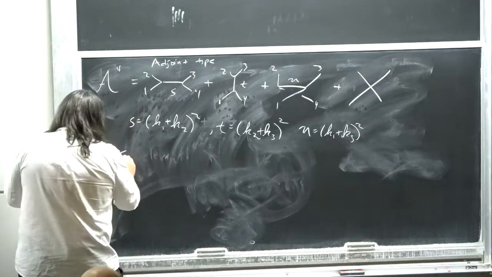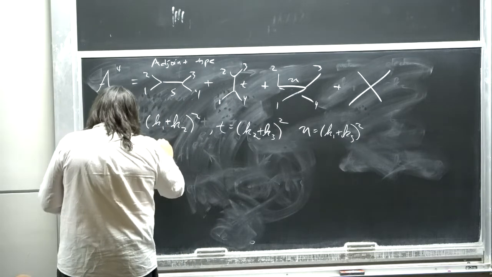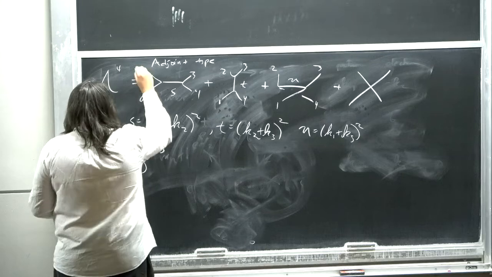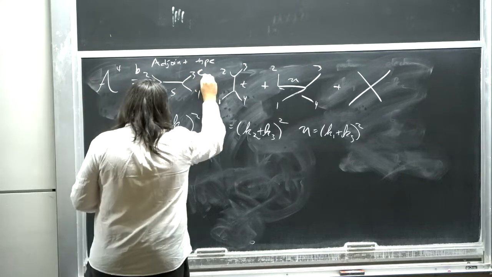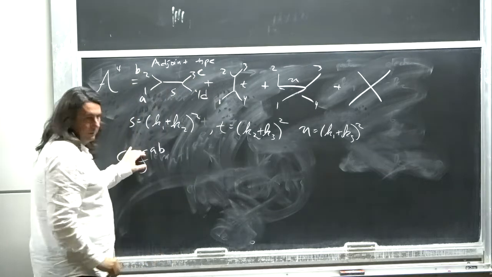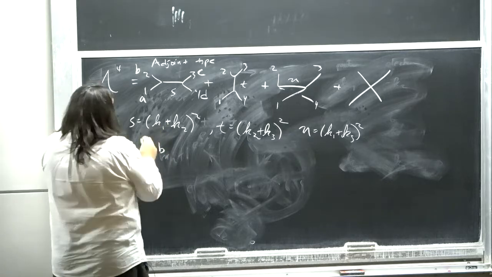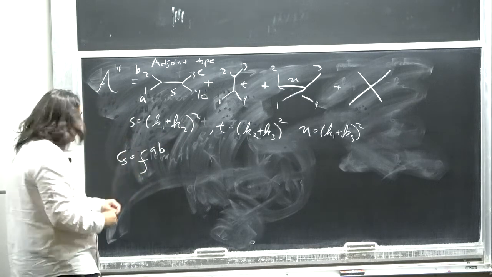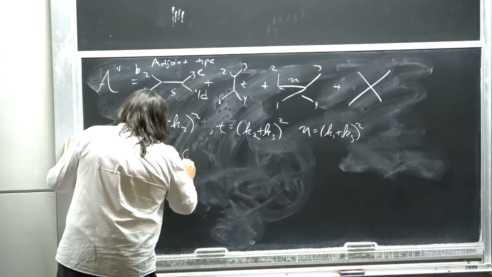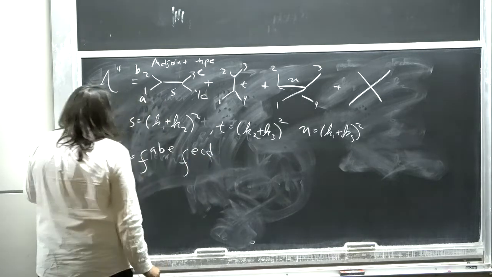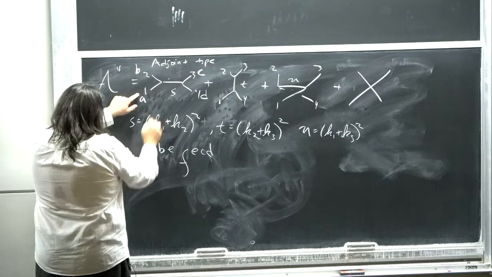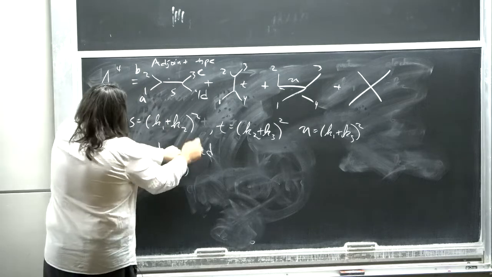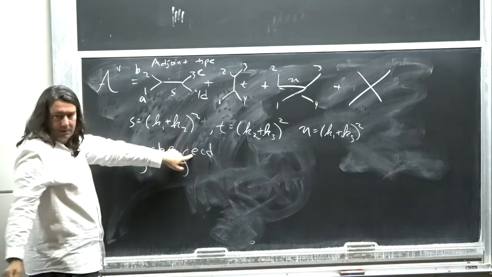Color factors, c_S, f^{abe} f^{ecd}. Okay? And so internal lines, I'll just use e, and that's summed over. How did I do it? I just read cyclically around a, b, e, e, c, d. Yeah?